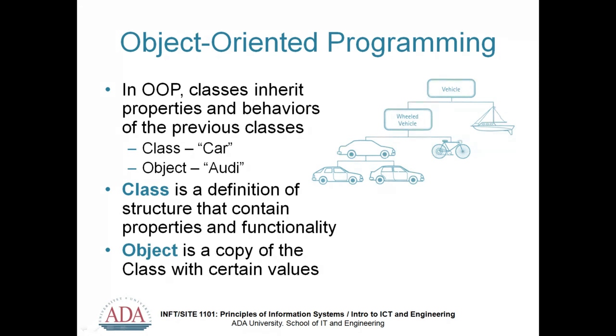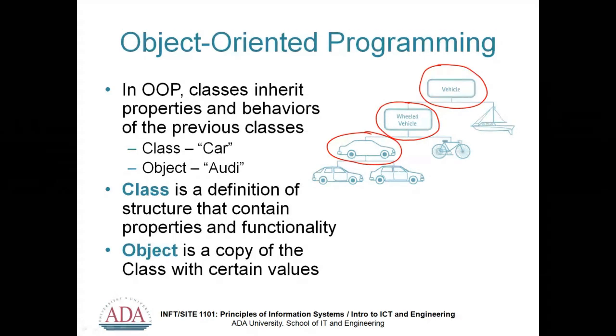You can look at a car, an Audi, from the perspective of a vehicle, and then think about wheeled vehicles and what is common about them. Each layer of the object class would inherit certain code or algorithms from its ancestors. When you think about wheeled vehicles, you would think about automobiles or cars, and you would have other types too. But the algorithms would be inherited from the previous class, and then finally you would have a certain type of car.